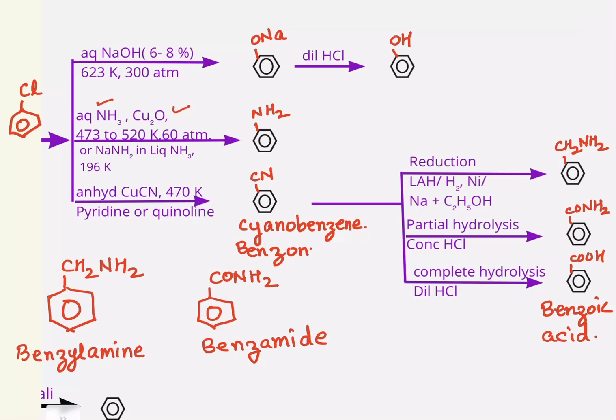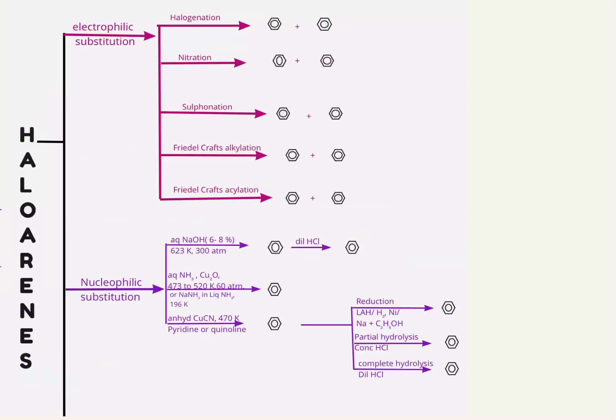I'm going to explain to you the fundamentals of benzyl, benzal and benzo in the next video. For now, I hope you have completed this flowchart of yours. There you go. For today's lesson, we are done with this part of the flowchart.